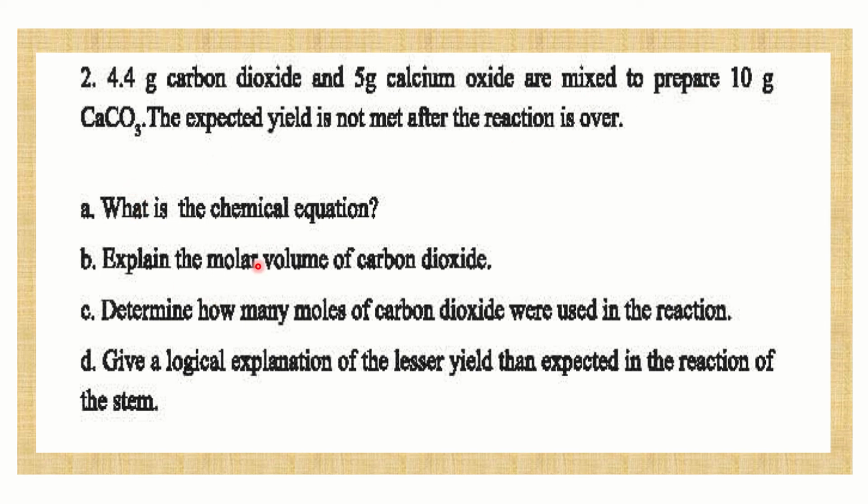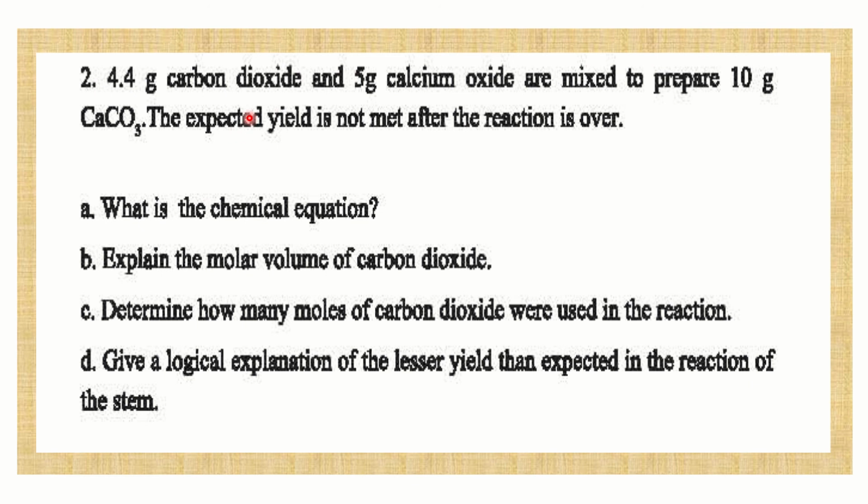The expected yield is not made after the reaction is over. Look, to prepare 10 gram calcium carbonate, this amount is mixed, but after the reaction, it is seen that the expected amount, that means 10 gram calcium carbonate, is not produced.